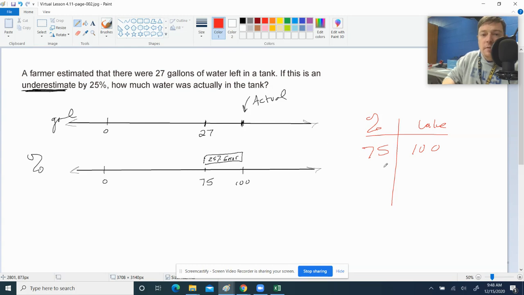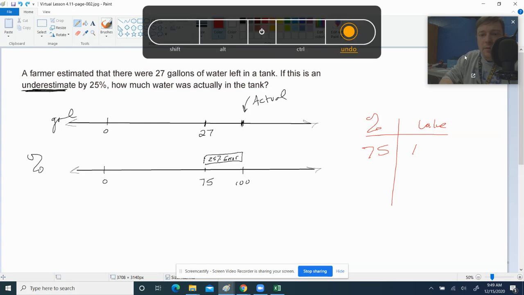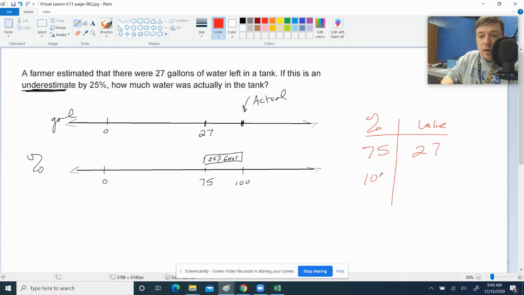And then we're trying to find out, okay, oh, I wrote that down wrong. 75% was 27, sorry. And we're trying to find out what 100% is, right? So we could divide those and find a constant of proportionality, and let's do that. So let's do 27 divided by 75, and that gives me 0.36.